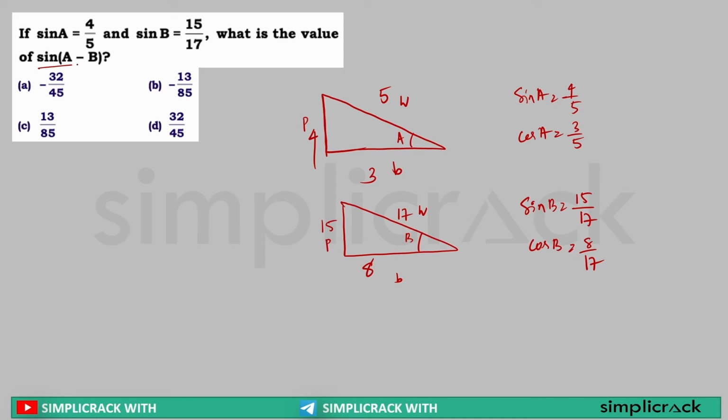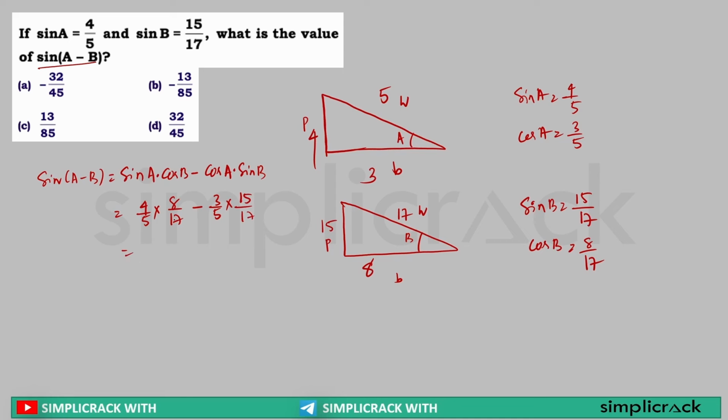It is asking about the value of sin(A − B). Sin(A − B) is equal to, as you have told us, sin A cos B minus cos A sin B, right? Sin A value 4 by 5, cos B value 8 by 17, minus cos A value 3 by 5, sin B value 15 by 17. Yes or no?